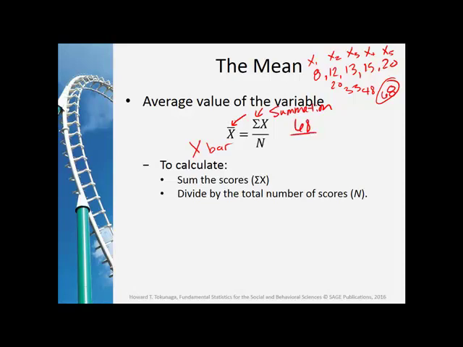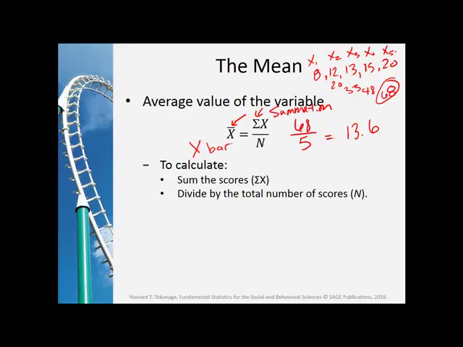And now I need to divide by n, and n is the number of observations. I have 5 observations. So 68 divided by 5 is 13.6. So 2 steps.